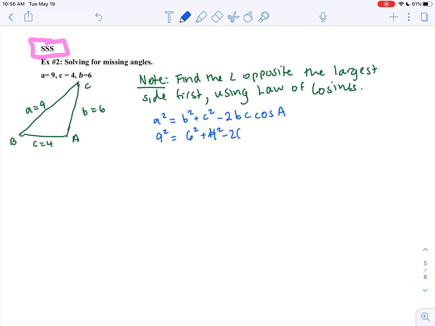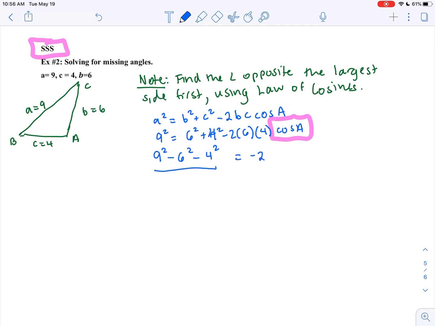As you solve this more frequently, I'm going to have you practice isolating without a calculator so that if you were to write it in calculator-ready form, you'd have cosine of A isolated. So how do we go about isolating? You would undo the addition first, so subtract 6 squared, subtract 4 squared.